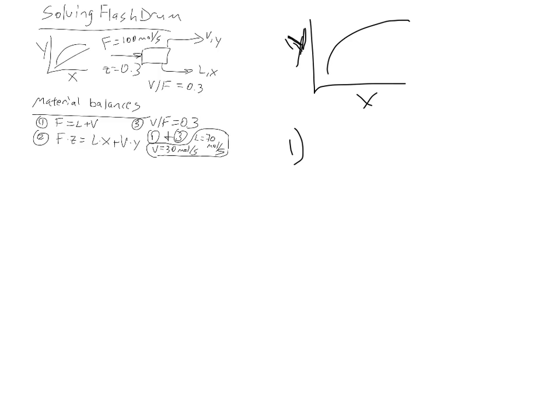So step 1: guess an x value, and then find y from the x-y plot. We can guess an x right here, and then read up and find out what our y value is.